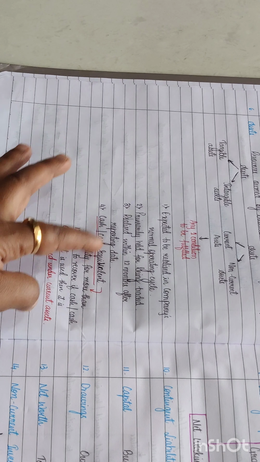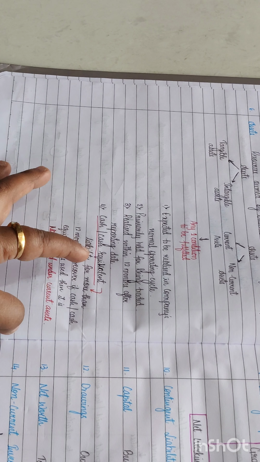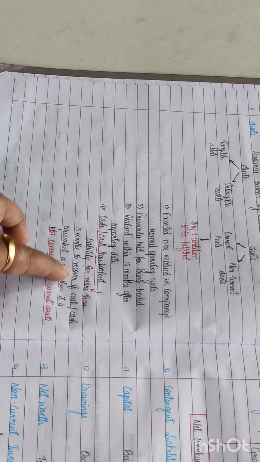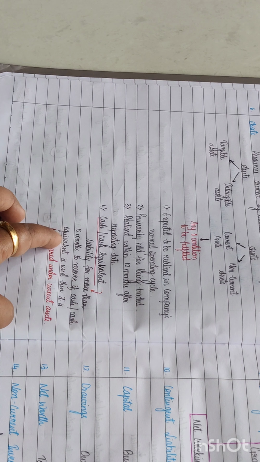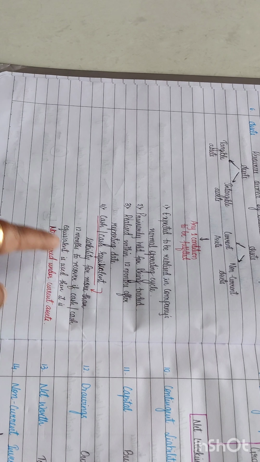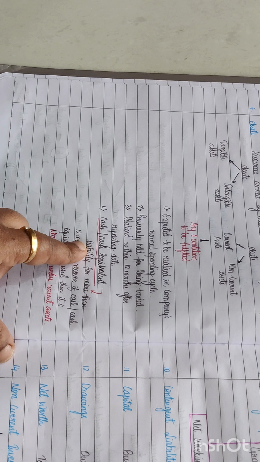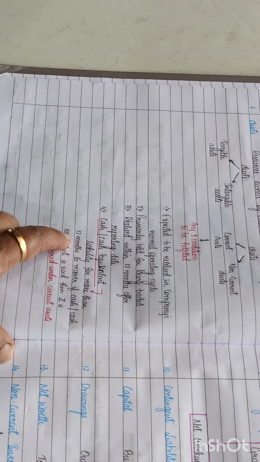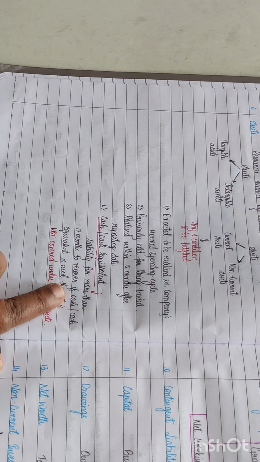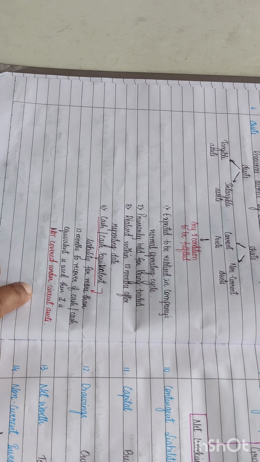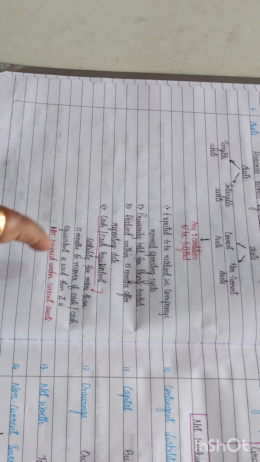Cash or cash equivalent. Liability for more than 12 months to recover. If cash or cash equivalent is used, then it is not covered under current assets.